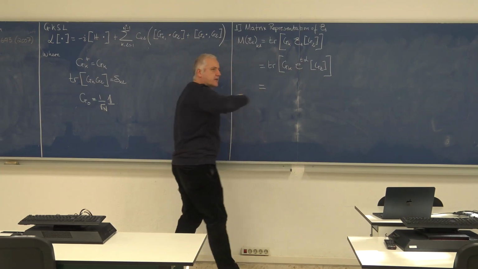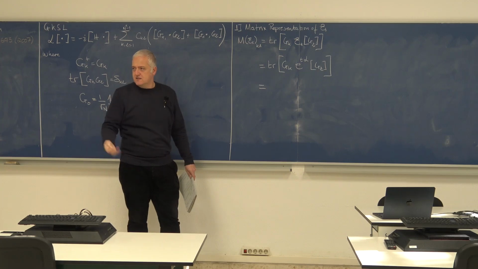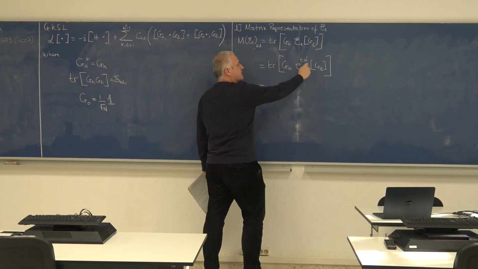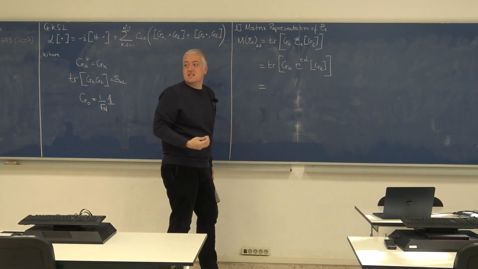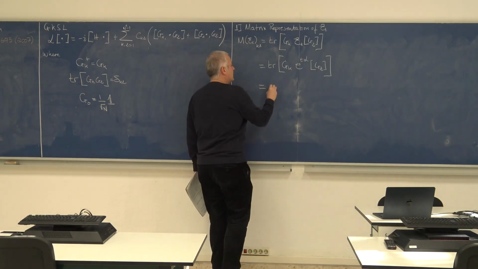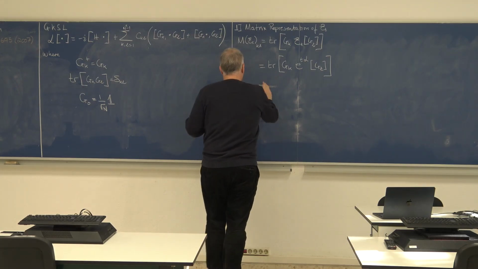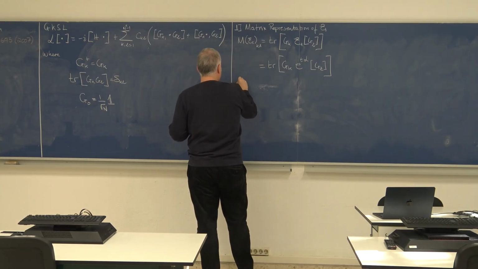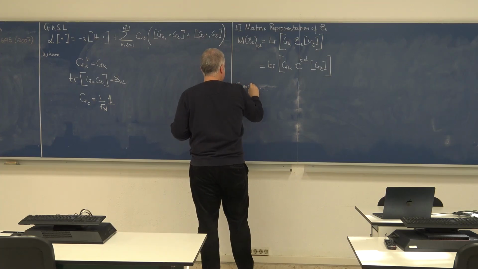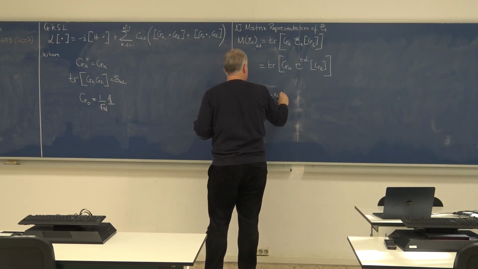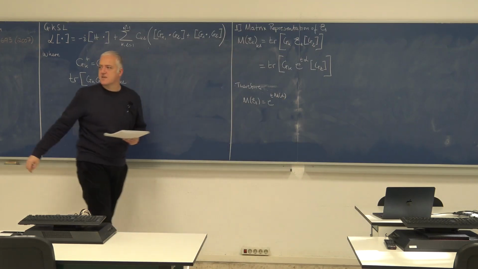If you expand the exponential in the Taylor series, then what you will get is t times the application of the Lindblad on this G_L to many powers, which means that the only thing you need here is that the matrix representation of E of t is simply E to the t, the matrix representation of L. Okay?